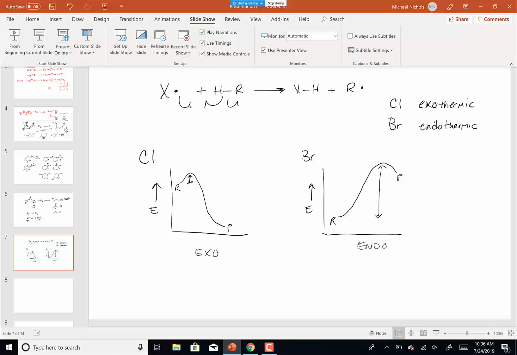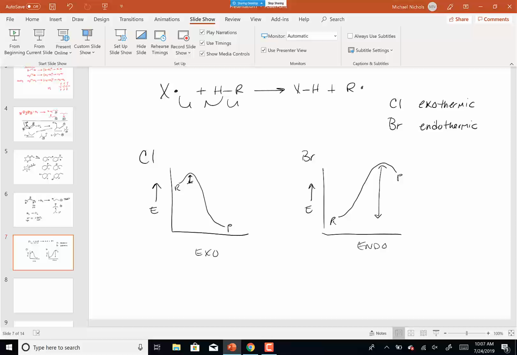It moves towards the products. And that's what Hammond's Postulate said. Hammond's Postulate said in an endothermic reaction, the transition state should look more like the products. In an exothermic reaction, then, the transition state looks more like the reactants. He didn't really say anything about transition state energy, but that's what follows.